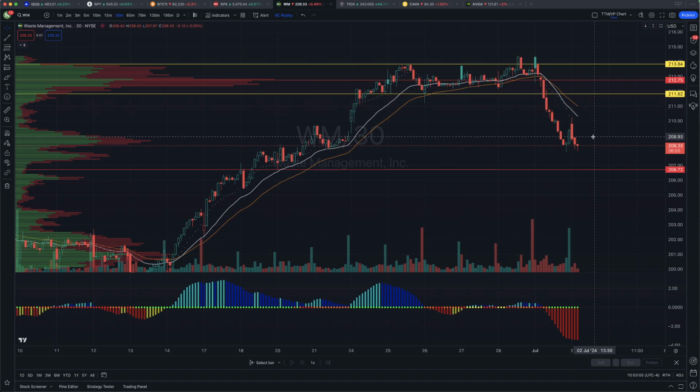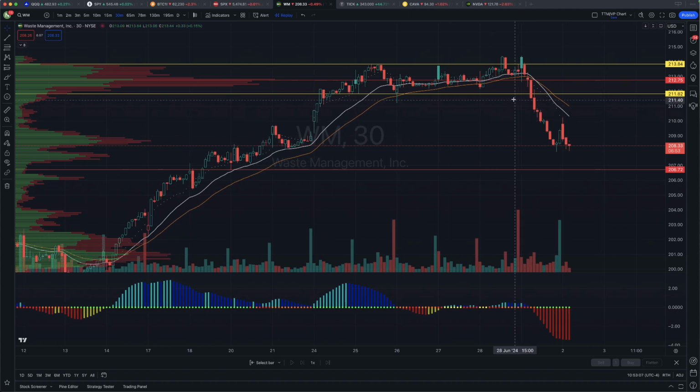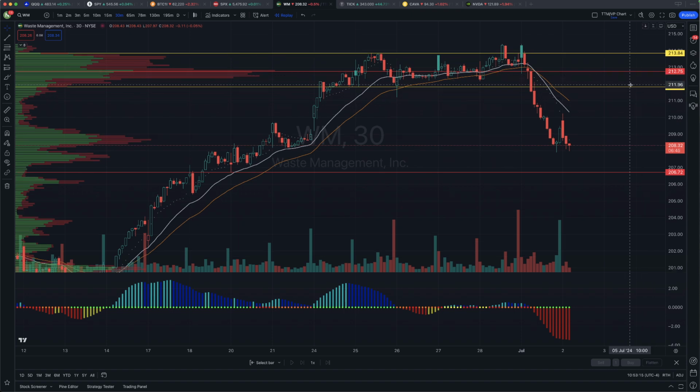But I talk about this all the time when I come on: once you are given a trade idea, and you go in and you mark up your chart and figure out what your risk reward and your own personal risk tolerance is, how much you're willing to lose on a trade, you have to be responsible for that, right?